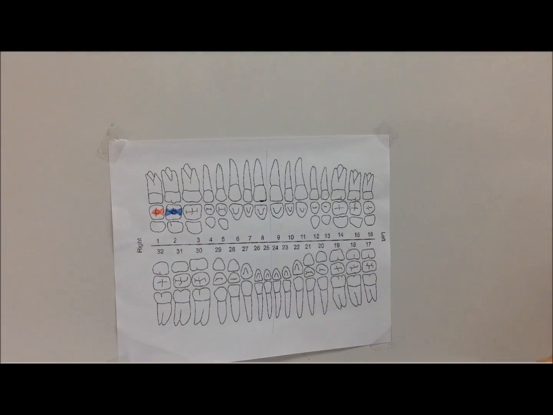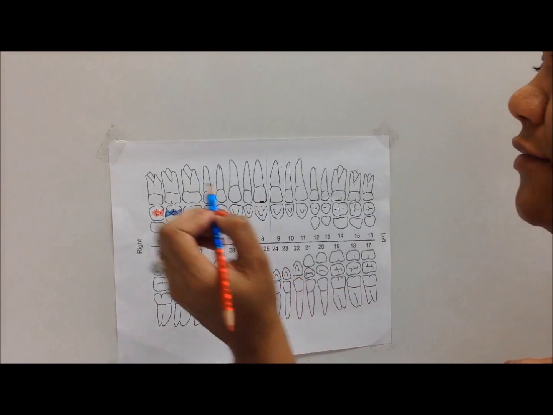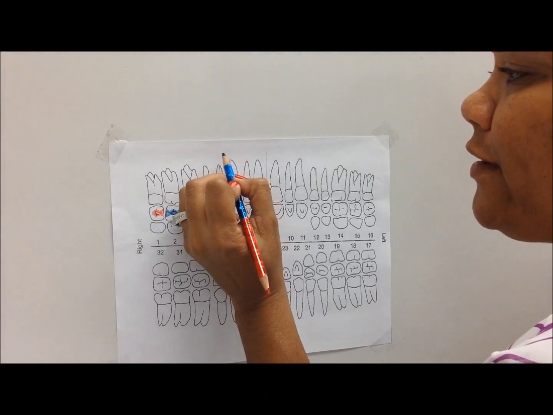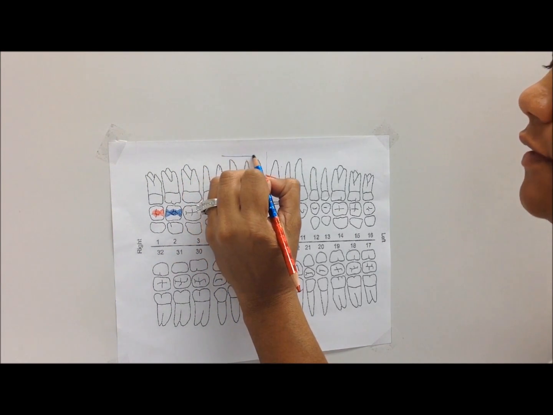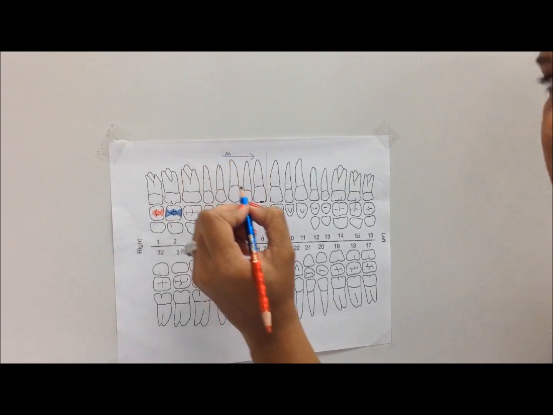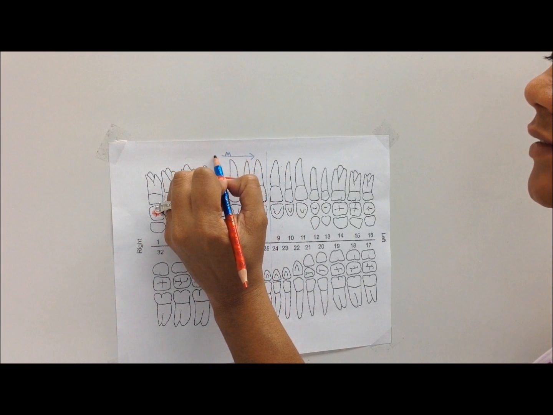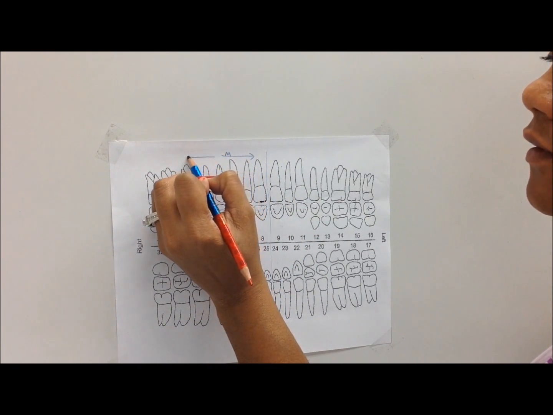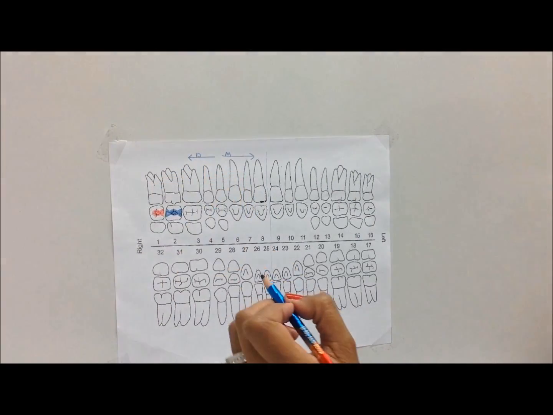Okay, so to make sure you guys understand what direction your mesial goes in, I'm going to put a little arrow up here at the top. Your mesial will go this direction, and we'll put M for mesial, and then your distal will go the distance away. So we'll put an arrow going in the opposite direction, and a D for distal.